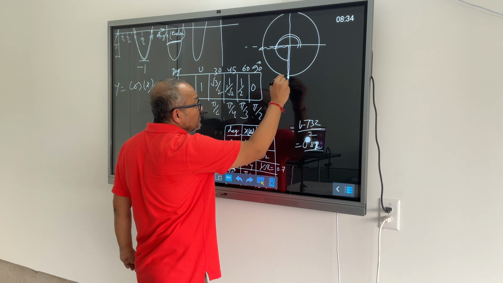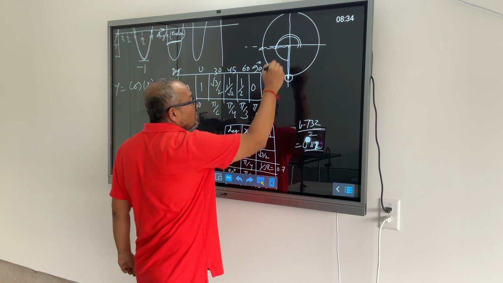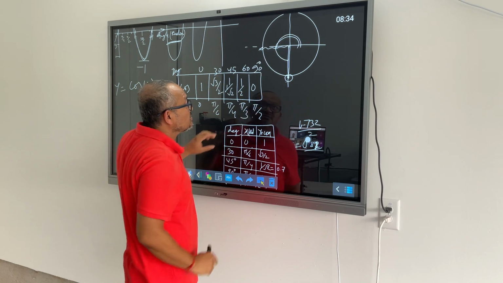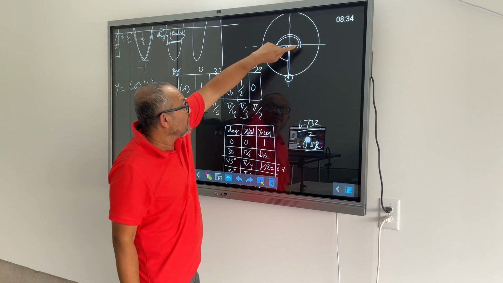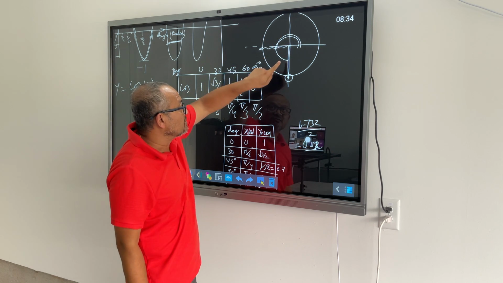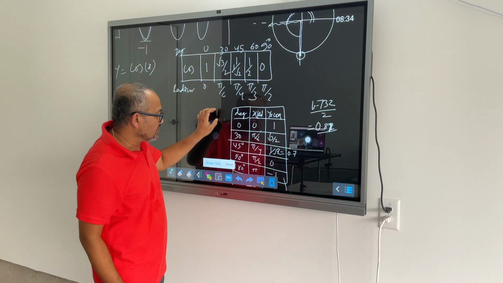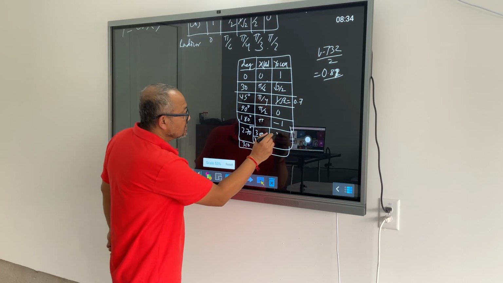At this point, what is my x coordinate value? 0. Y coordinate value is -1, which is sine of that angle. I am only concerned about the cos of the angle. So at this point, after making 270 degree, my cos becomes, or my x coordinate becomes 0. So I will put 270 as 0.